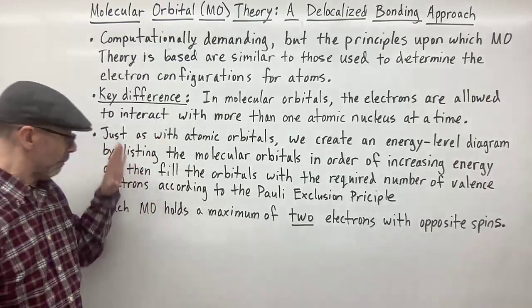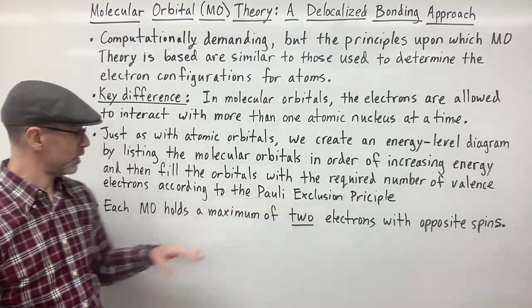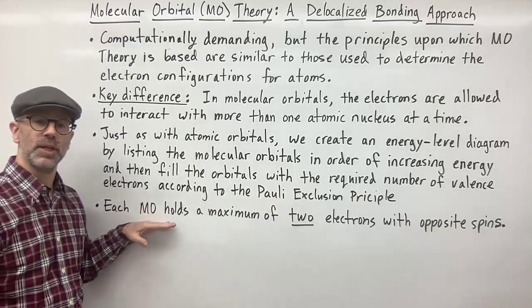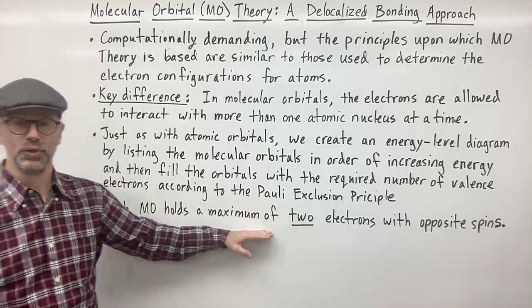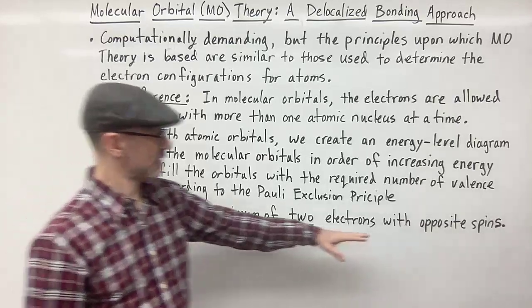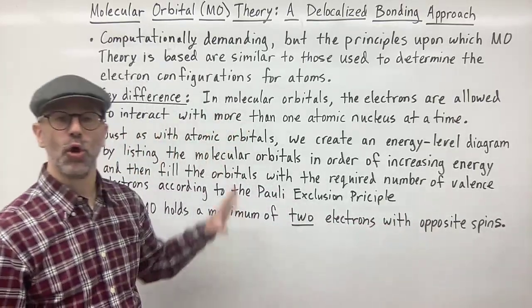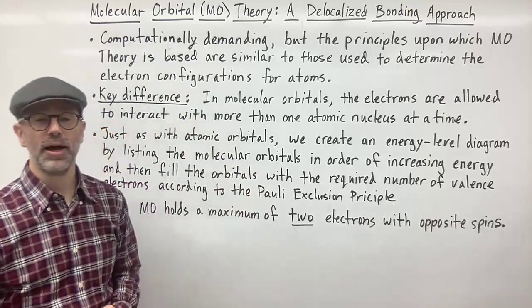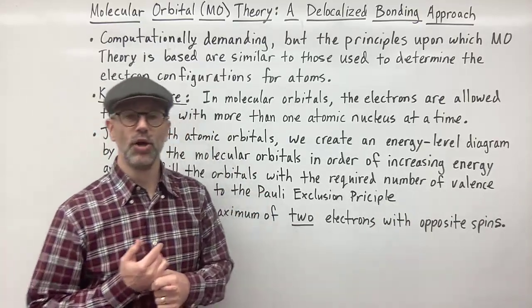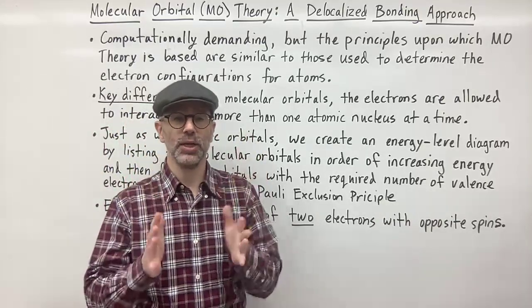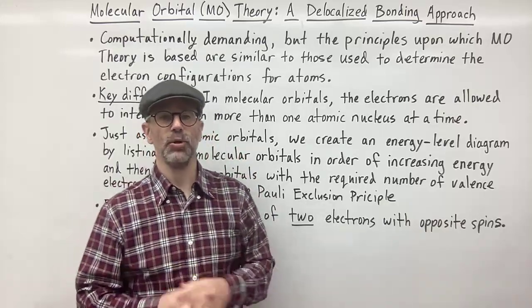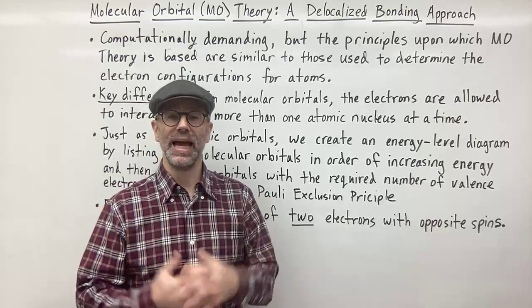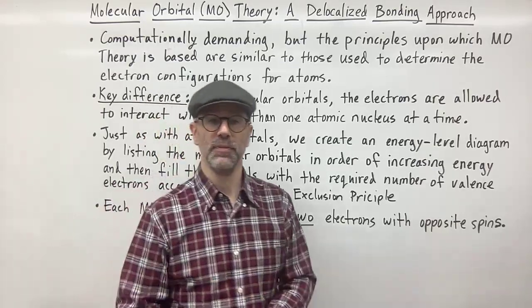Because we're following these same principles, each molecular orbital is also going to hold a maximum of 2 electrons with opposite spins, right? So those principles still apply. Now let's go ahead and talk about the molecular orbitals in detail, starting with molecular orbitals that come from the s orbitals.